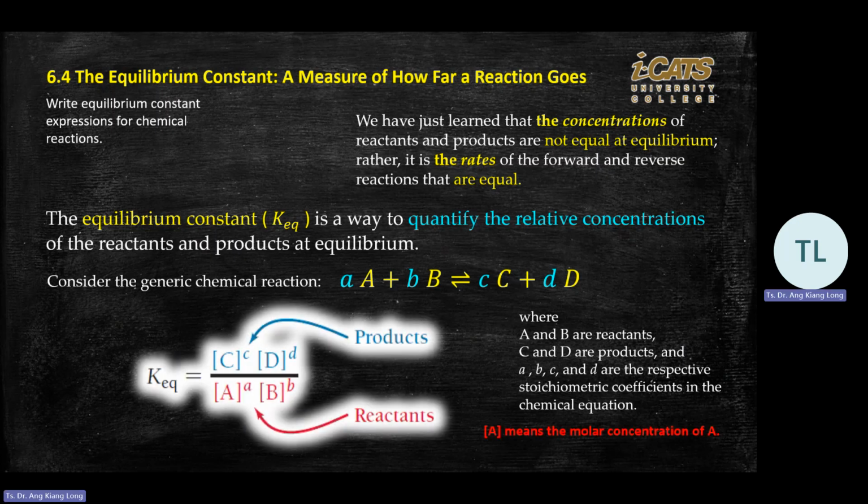Okay. Remember this formula? You need to write Keq, equilibrium constant, equal to, and you need to write the brackets in the test. Square brackets mean the mole or concentration: C, and then D, and then A, B below there, with the small letters as powers at the corner.